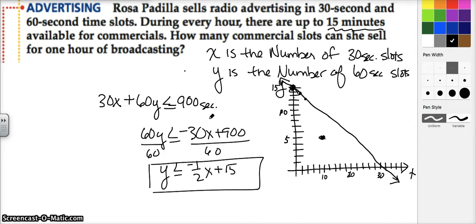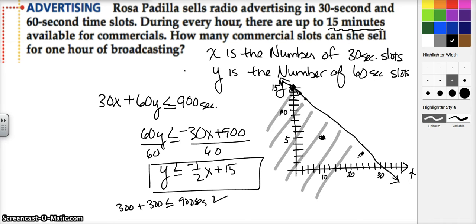If I put 10 here, I get 300 plus 5 times 60, which is another 300. Is that less than or equal to the 900 seconds that we have for commercials? Yes. So I can shade this side of my inequality.